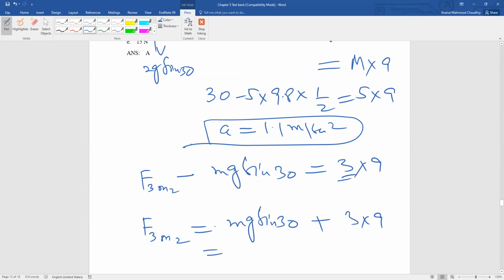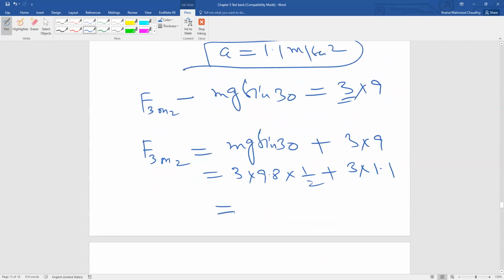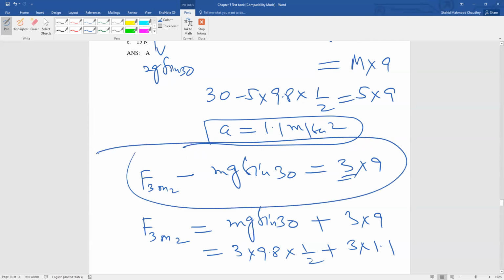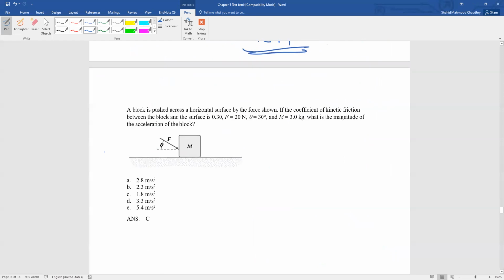You know everything: this is 3 into 9.8 into 1 over 2 plus 3 into a. a is 1.1. So you can put this value and solve it, and your answer will be 18 Newton. In this way you can solve it. The problem is how to make this equation.